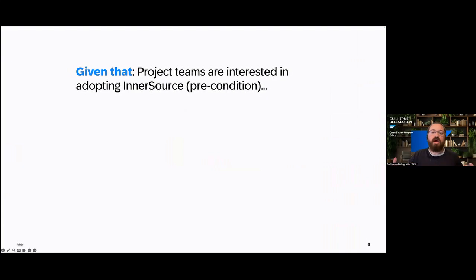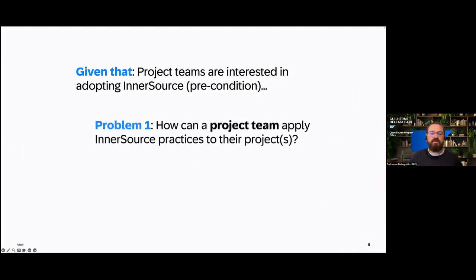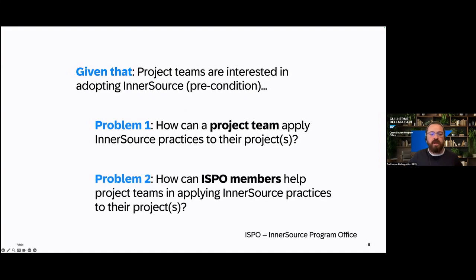So how do they do it? And that's the problem. How can a project team apply InnerSource practices to their project? And how can we, for instance, members of an ISPO who are tasked with helping the projects, help them in applying InnerSource practices to their own projects?